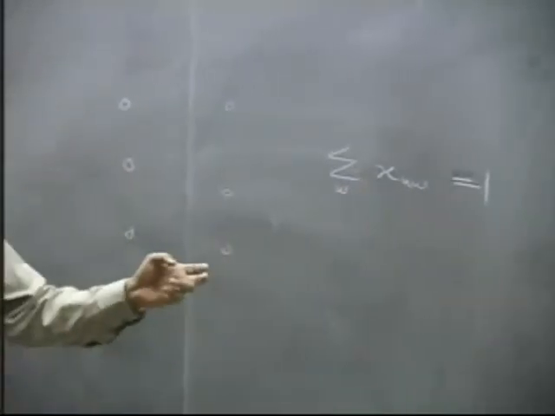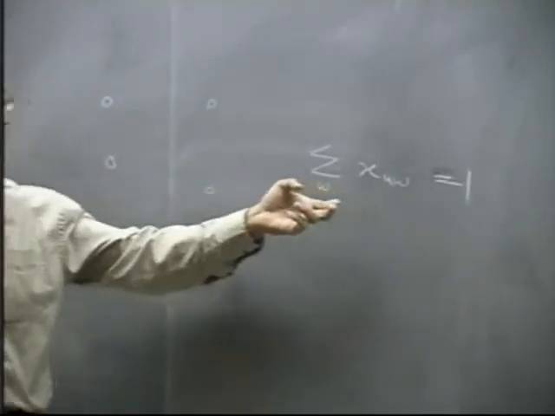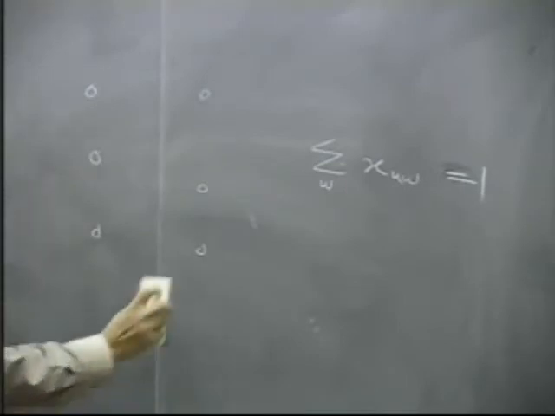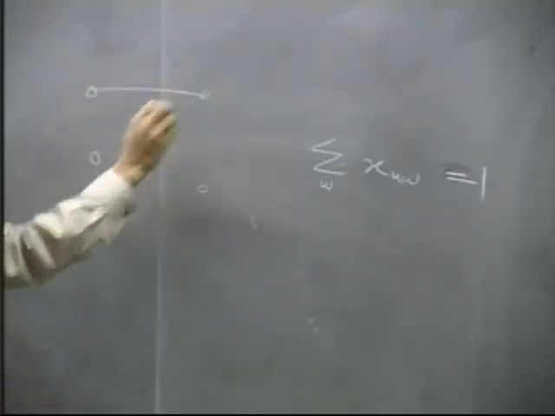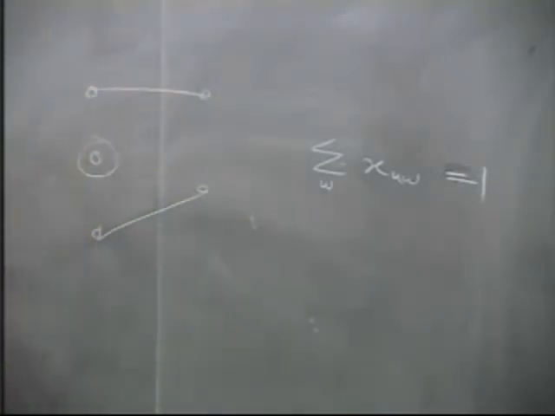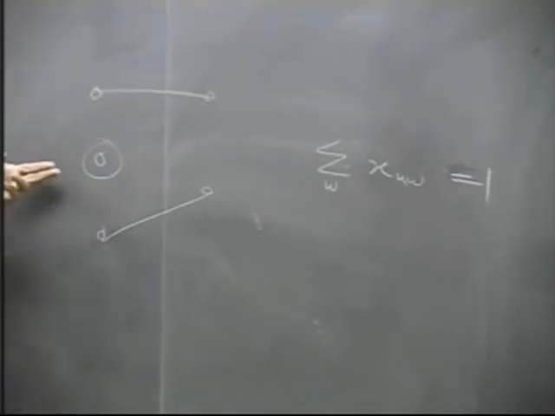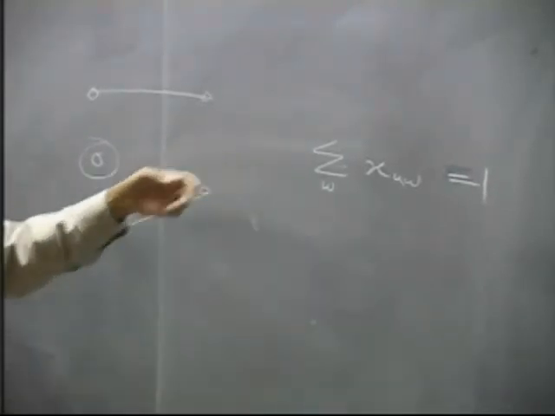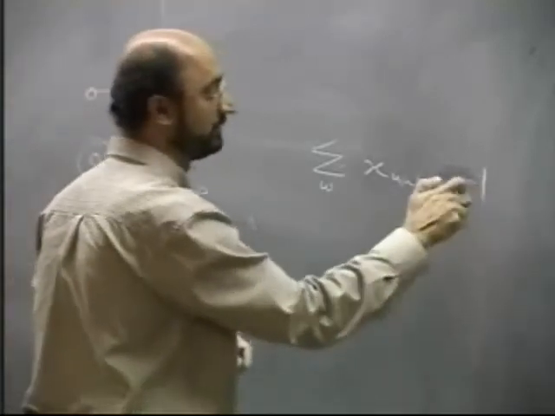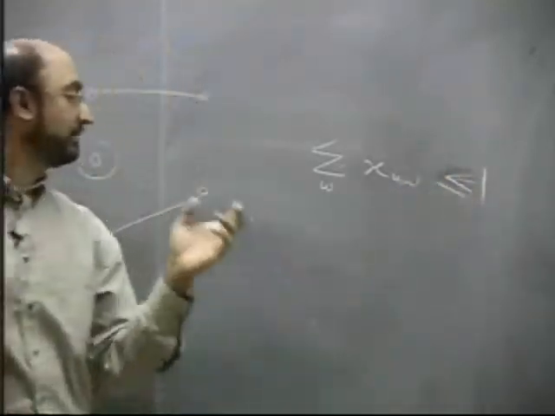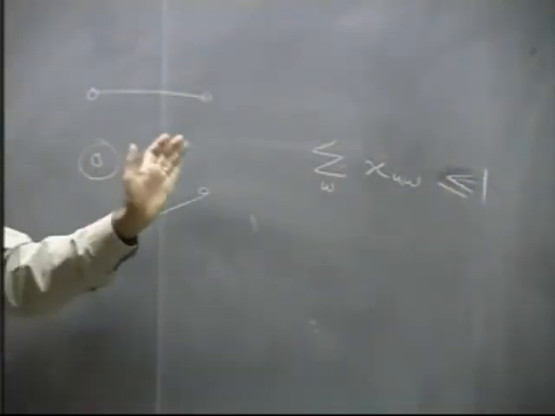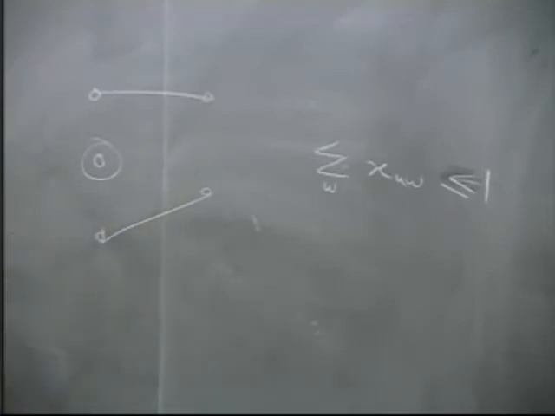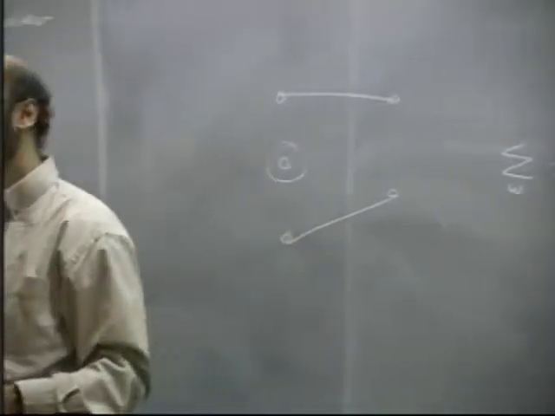And some of you came to me and said, oh, wait a minute, you can't do that because, what happens if you have this? You have just 3 nodes here. Well, this guy is not going to have anything, right? So it can't be the case that it's equal to 1. There was a mistake. It really should be less than or equal to 1. Right? Obviously, when you have more nodes here or more nodes there, some nodes are going to be unmatched, so that was a bug in the lecture notes as well.